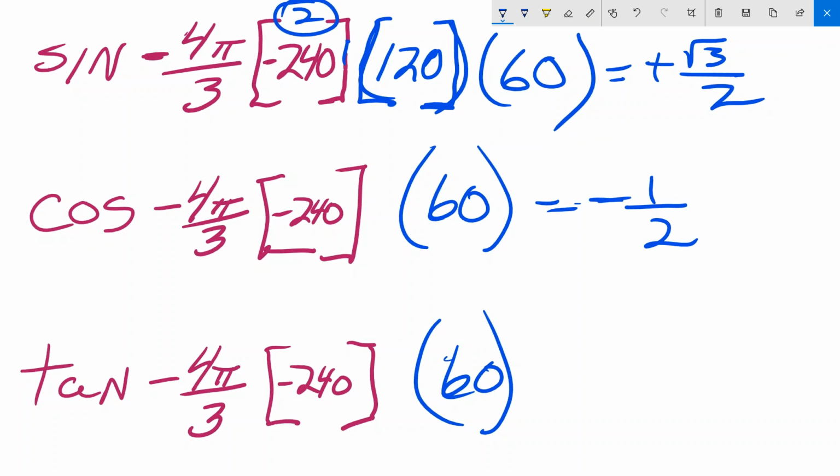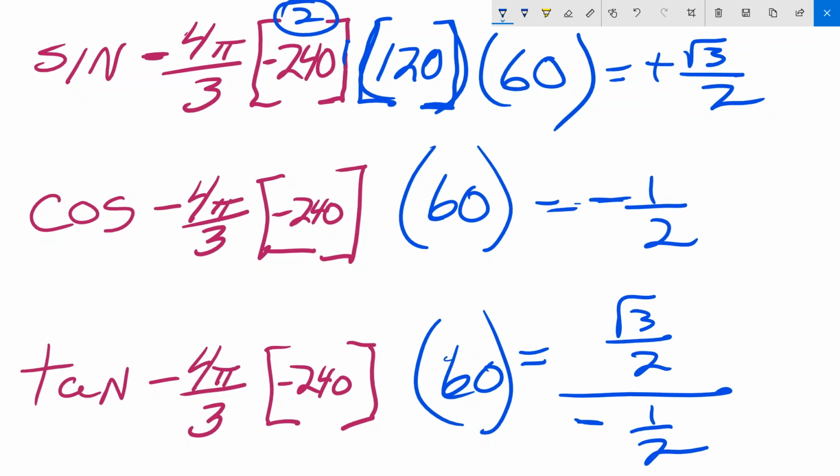Okay, now do the tangent by putting the sine over the cosine. Not multiplying by 1 over 2, multiplying by 2 over 1.